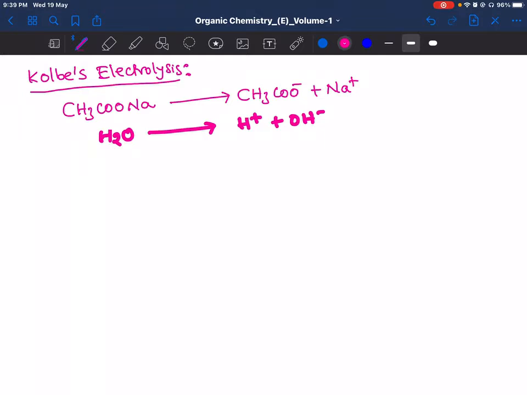Now at the anode, what is happening? At the anode, which reaction takes place? Oxidation.